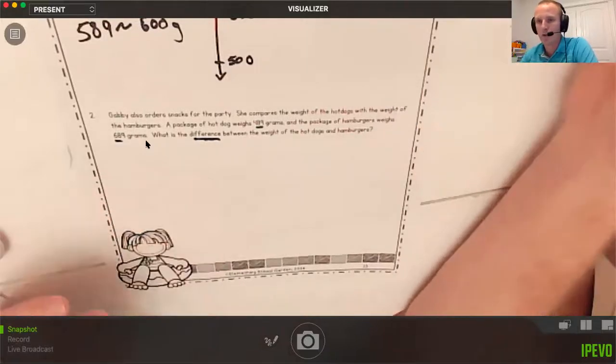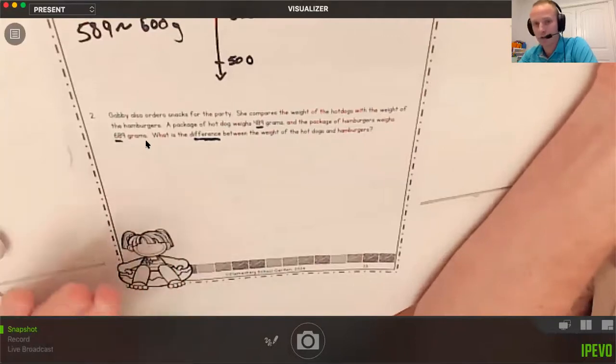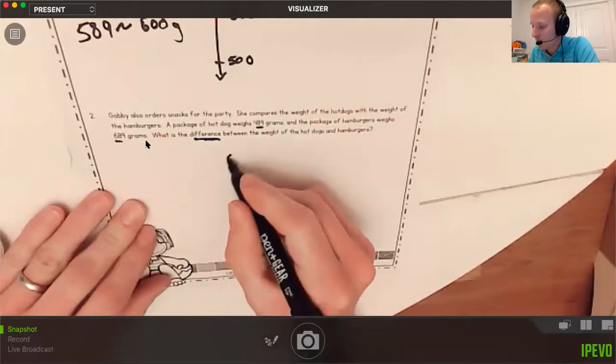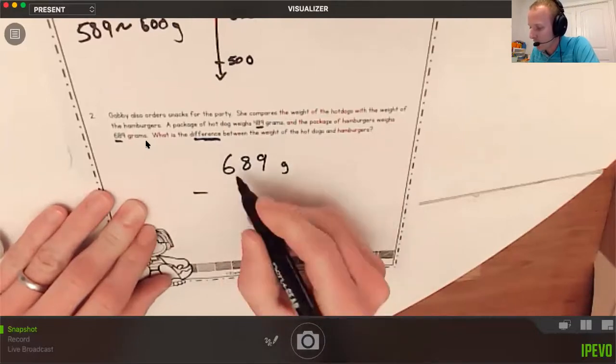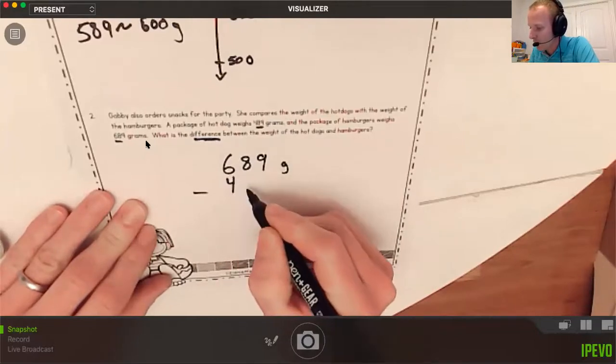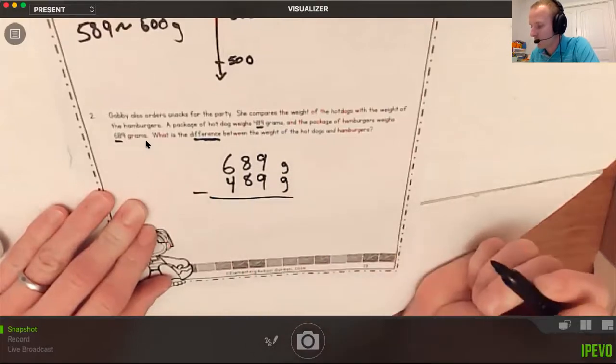Anytime you're finding difference, you're doing subtraction. It's not asking me to round anything. It's just asking me to find the difference. And so all I need to do is say 689 grams minus 489 grams, and I can subtract those.